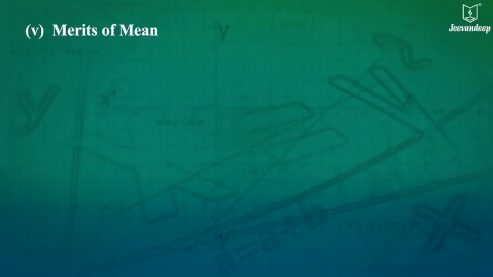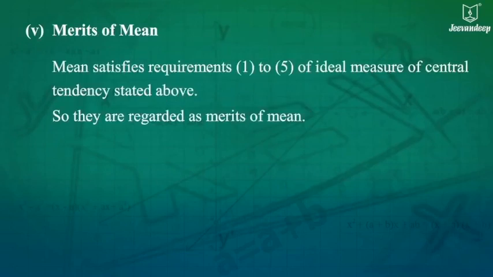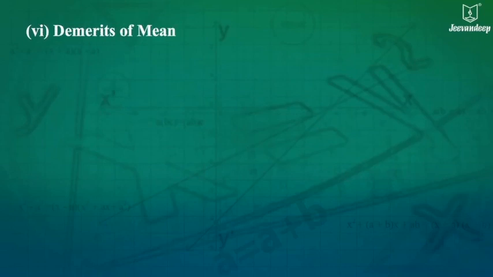Merits of mean. Mean satisfies requirements 1 to 5 of ideal measure of central tendency stated above. So, they are regarded as merits of mean. Demerits of mean.